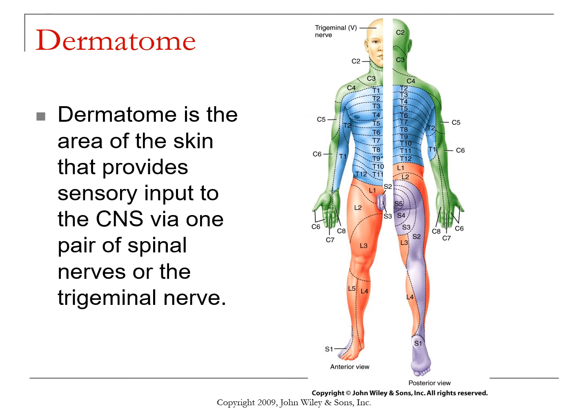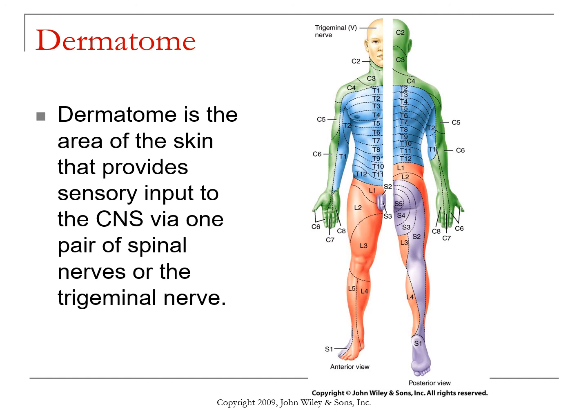A good way to visualize the contributions of various spinal cord levels to the nerves that innervate various parts of the body is to look at a dermatome map, as seen in this slide. A dermatome is an area of skin that provides sensory input to the central nervous system via one pair of spinal nerves, or in the case of the head, the trigeminal nerve.